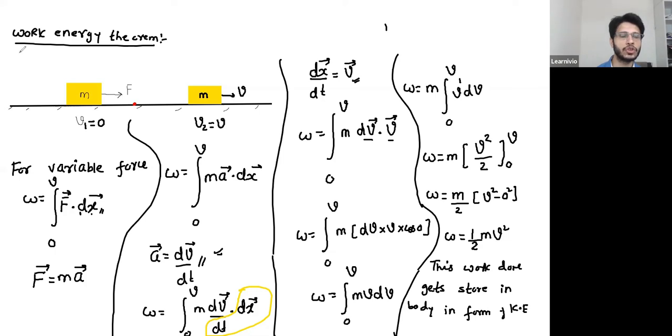So the work energy theorem simply says that the change in kinetic energy of a body is equal to work done. So work done is equal to change in kinetic energy. That is the work energy theorem. So work done is just final kinetic energy minus initial kinetic energy.